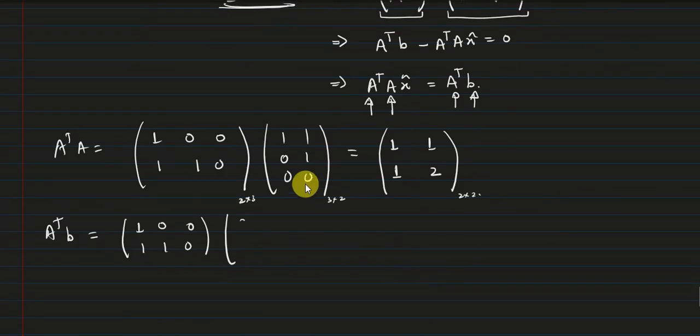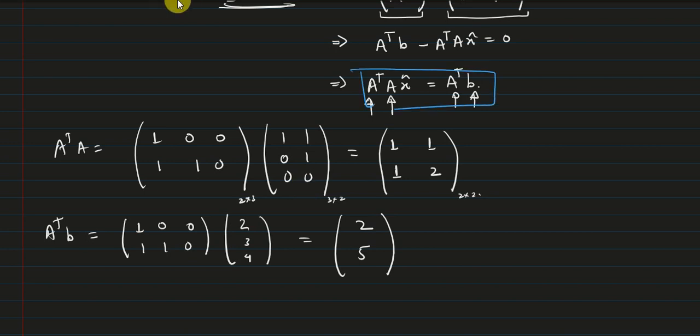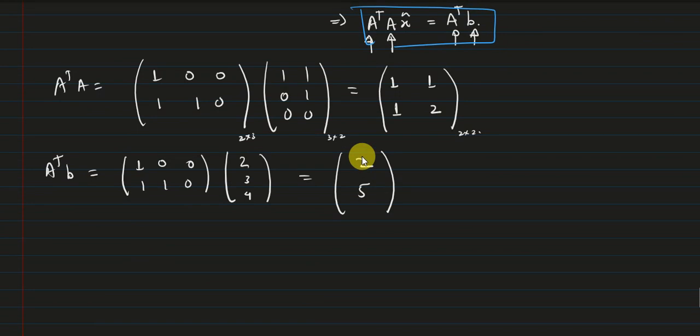Then you will have this 2 and 5. Now you can put this into this equation. Now we have A transpose A, that is 1 1 1 2, and we don't know about this x hat is equals to 2 5.